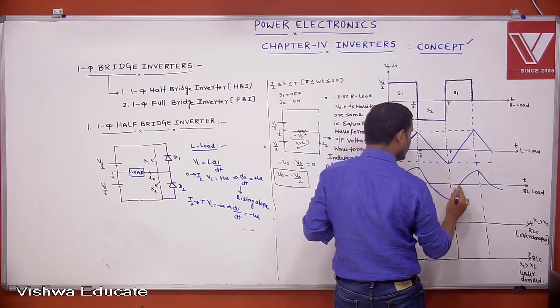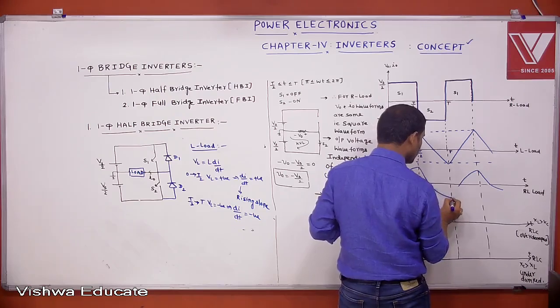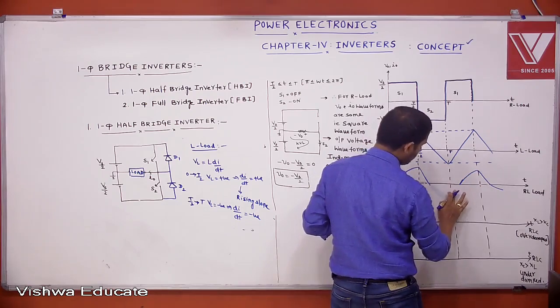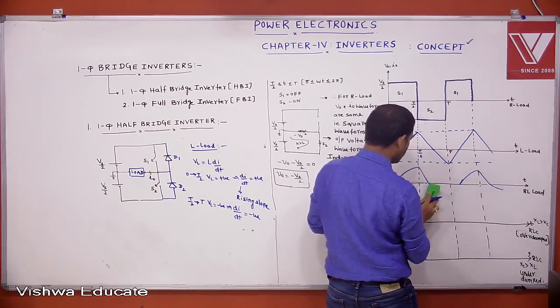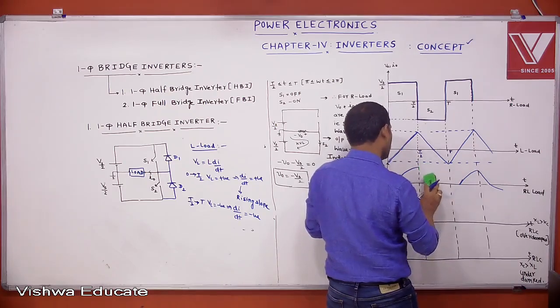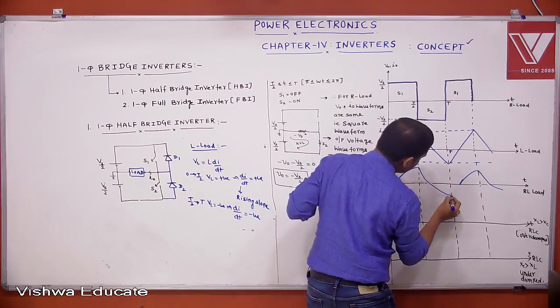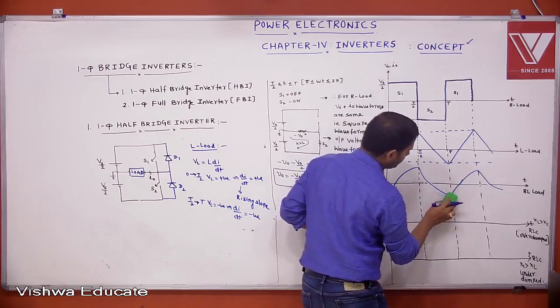Then we get a wave shape like this. It is not exactly a triangle.